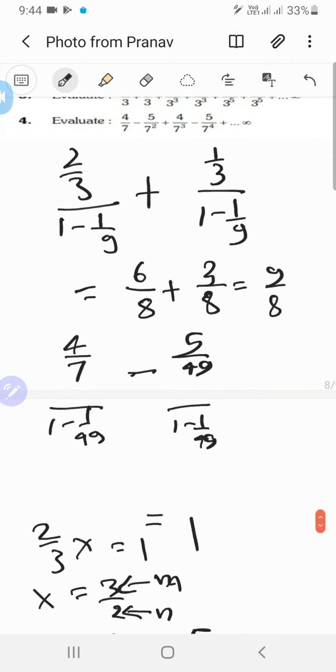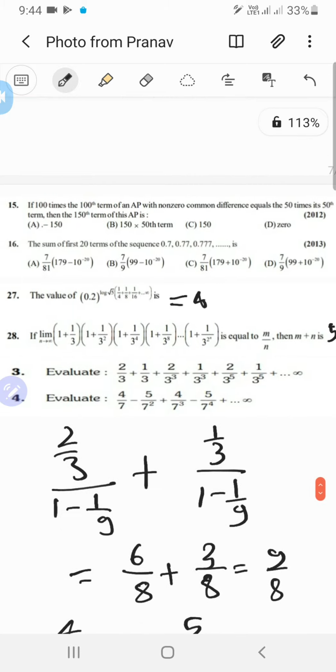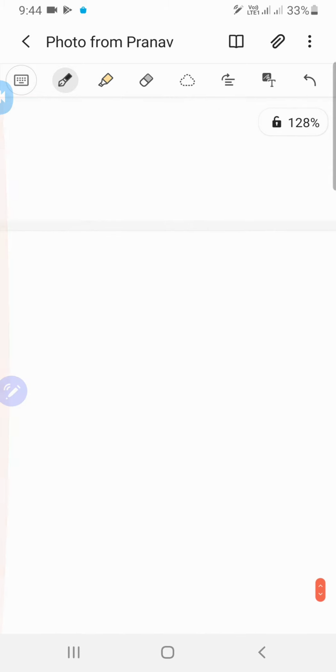Multiply by 49 on numerator and denominator. That will give me, well, 4 times 7 is 28, over 49 minus 1, which is 48. And then minus 5 upon 48, which is 23 upon 48. So that looks correct. Okay, what other questions do we have?